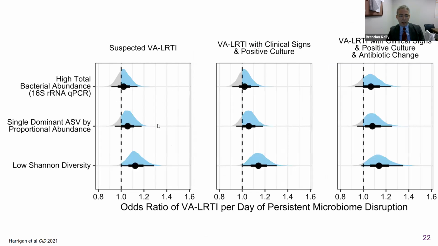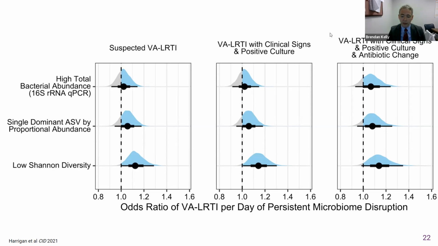We compared a bunch of different definitions of VAP. One was just that your ICU physician sends a lower respiratory tract culture. The other is that they send a lower respiratory tract culture and you've got fever and the culture comes back positive. And the third was that they send a lower respiratory tract culture, you have clinical signs, the culture is positive with a bacterium known to be associated with VAP, and your clinicians actually change your antibiotics, so they decide to treat it.